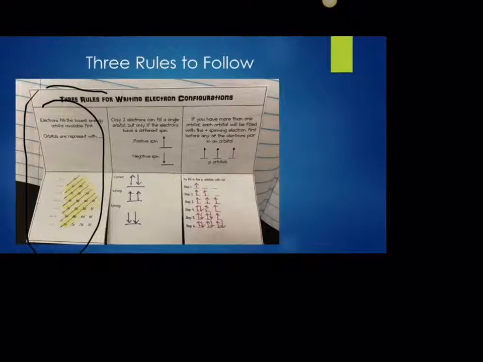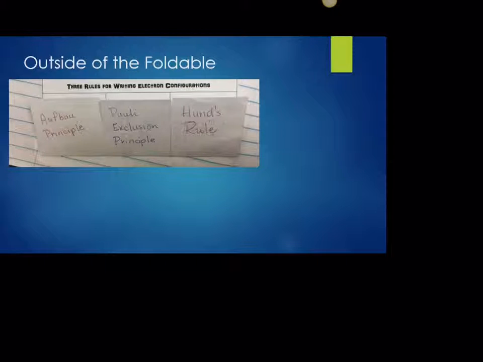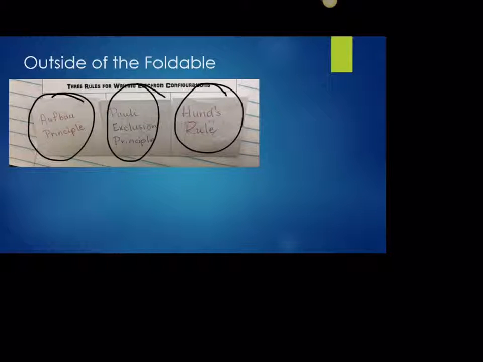On the outside of that, you're going to write Aufbau principle down. Go ahead and get these titles in. Aufbau principle, Pauli's exclusion principle goes in the middle, and then Hund's rule. So your 3 rule names on the outside of this foldable: Aufbau principle, Pauli's exclusion principle, and Hund's rule.